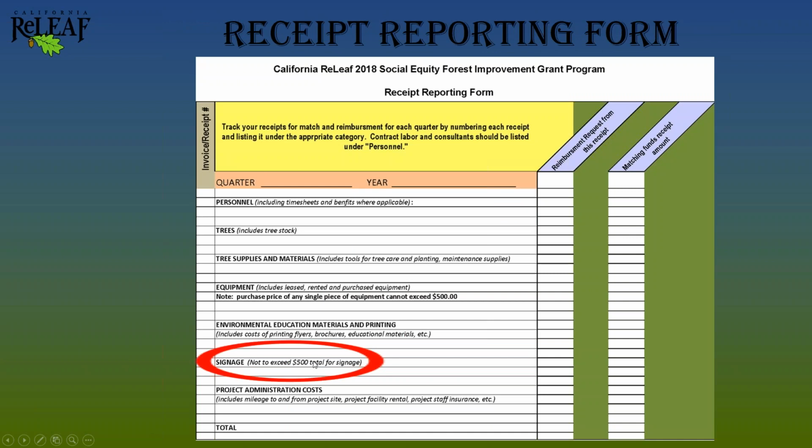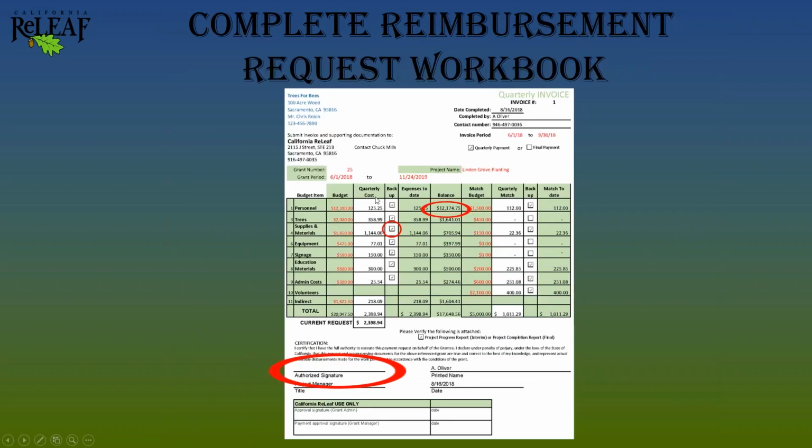This is the sample of our receipt reporting form. This is an Excel form, and you have control. We haven't put any protections on these. If you need to add lines, or if you need to put this in a different program, it doesn't matter. We just want to make sure you have each of these categories in there. The new version does have each of these totaled by category, so that you can make sure that the personnel number on this line matches the personnel number on your reimbursement request.